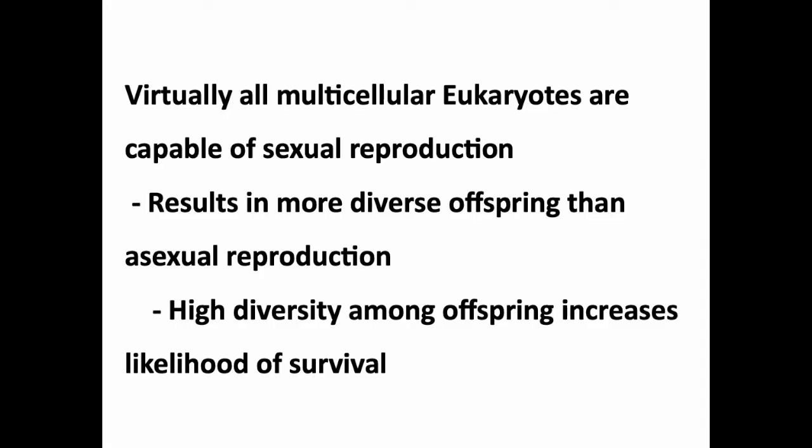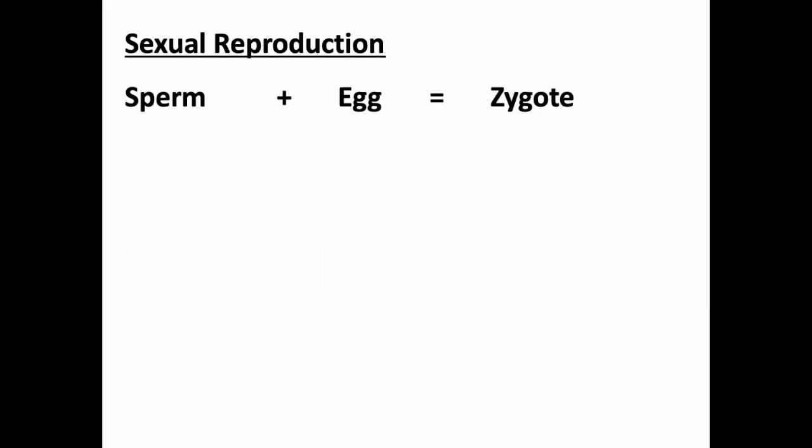Well, let's break this down in the most exciting way possible, mathematically. At the end of the day, sexual reproduction is very simply sperm plus egg equals zygote. This is how it happens in animals. This is how it happens in plants. One cell plus other cell equals this cell. The zygote is this cell here.